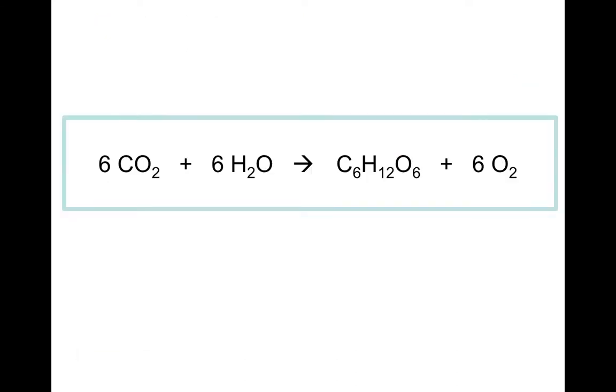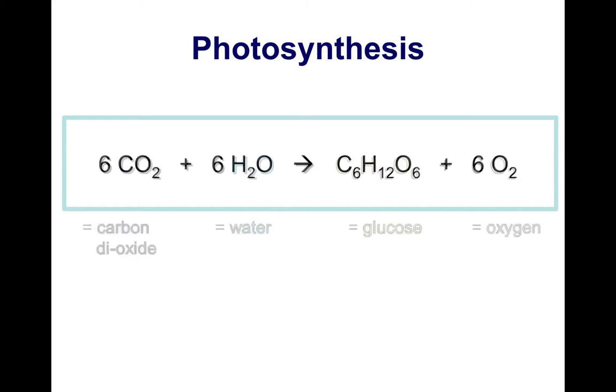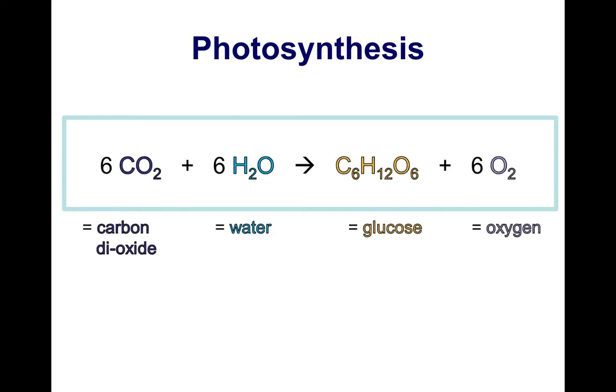Do you remember in chapter 4, I told you that this is my favorite formula in biology? And this formula was for photosynthesis. Here you can see all the reactants, the stuff that goes in, and all the products, which is the stuff that comes out.